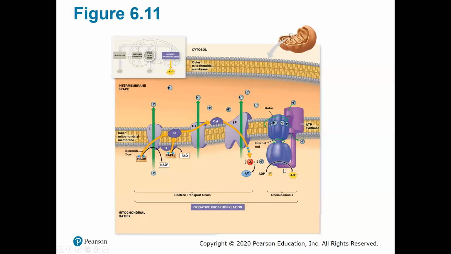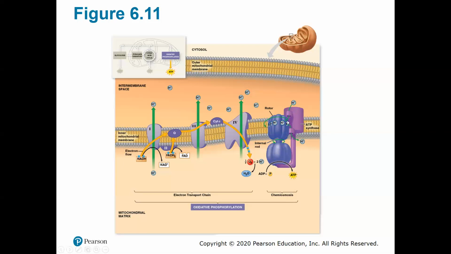This huge structure here is called ATP synthase. So when you have a high concentration of hydrogen ions on this side, they will naturally flow through this big protein. And I always like to say that it's like a water wheel. So the hydrogen ion will act like water as it's traveling through a water wheel, and it will turn this protein.